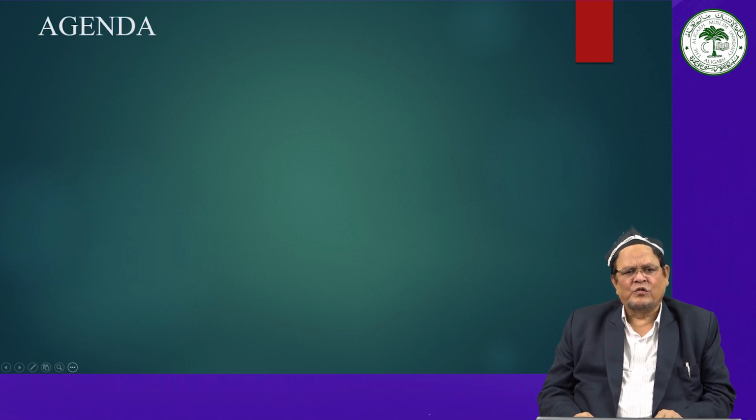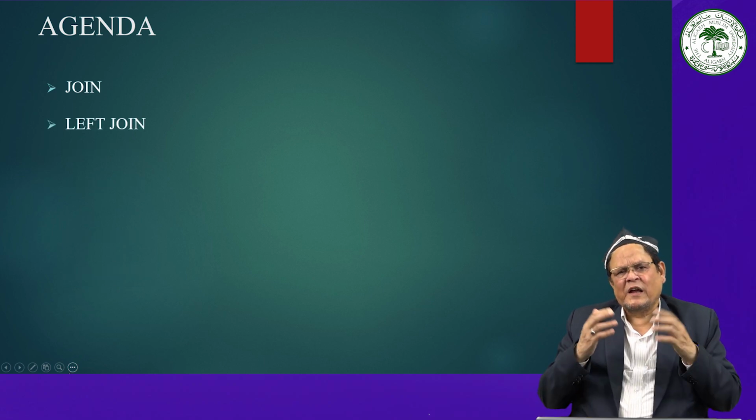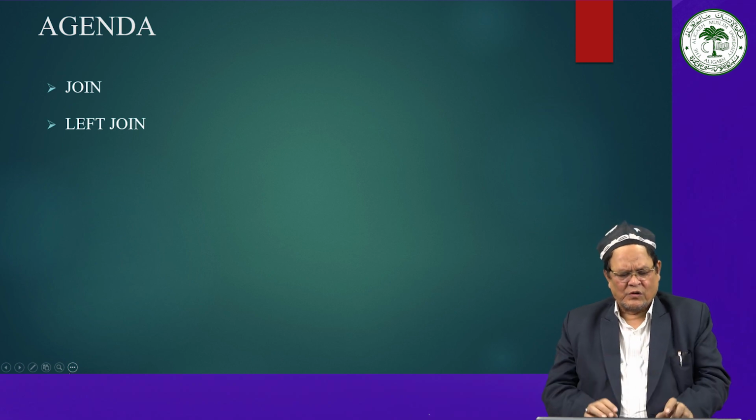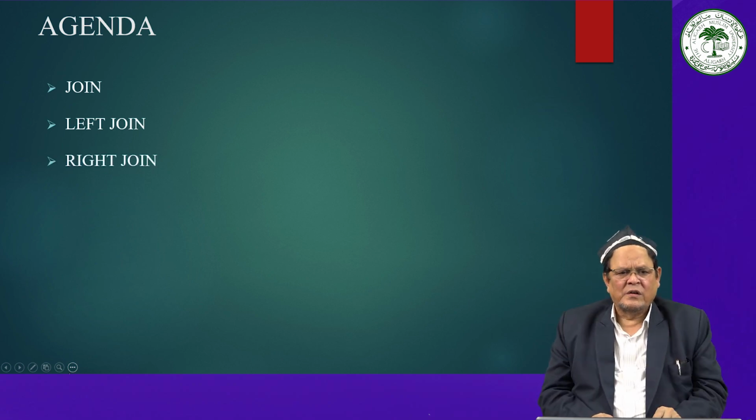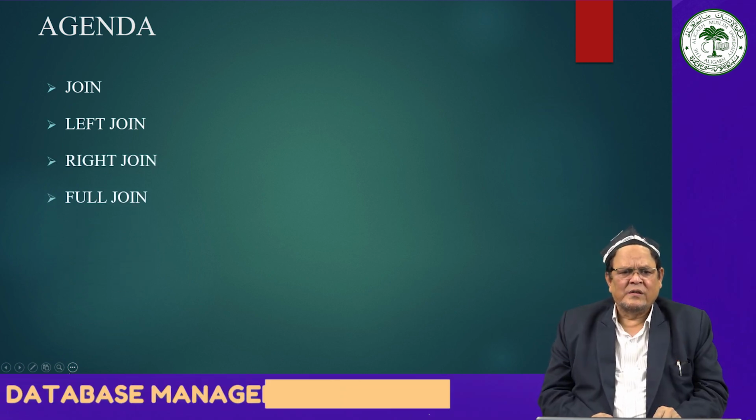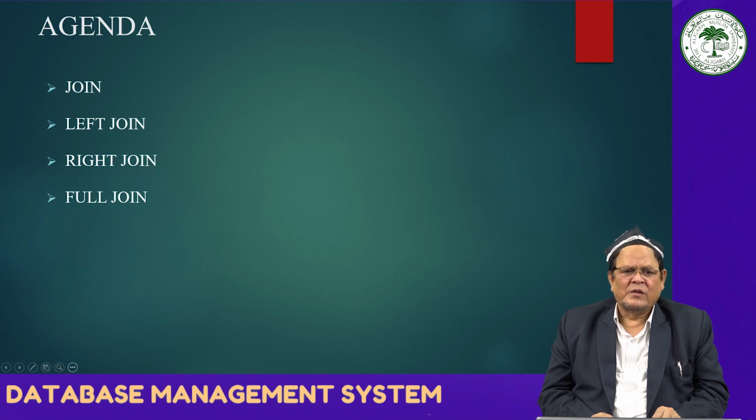So the agenda of today is to discuss join operations. It is very useful for SQL statements. There are different types of join: equal join, right join, full join. Full join will work like this: first it finds the left join, then the right join, then it takes the union.